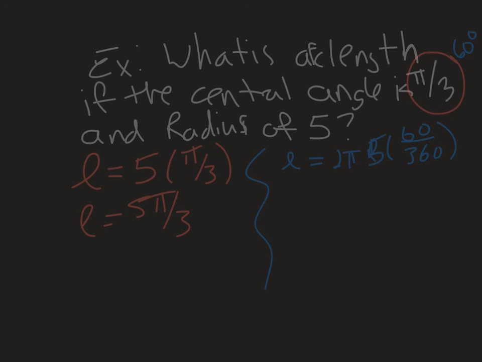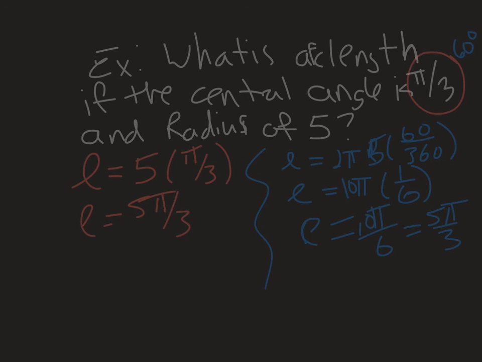So our length will equal 10 pi times, if I simplify, I know that 360 can be divided by 60 six times. So we will have 1/6 of a circle here, which means that the arc length is going to be 10 pi divided by 6, which reduces to 5 pi over 3.